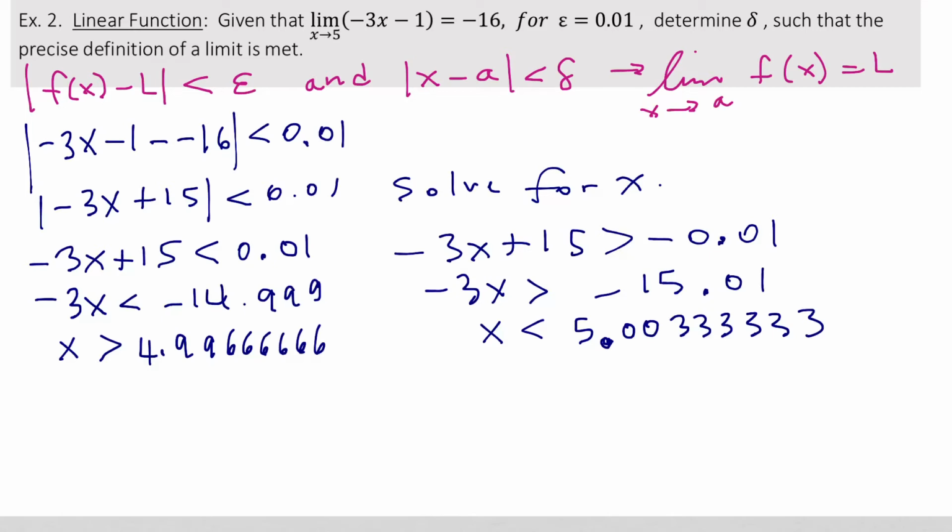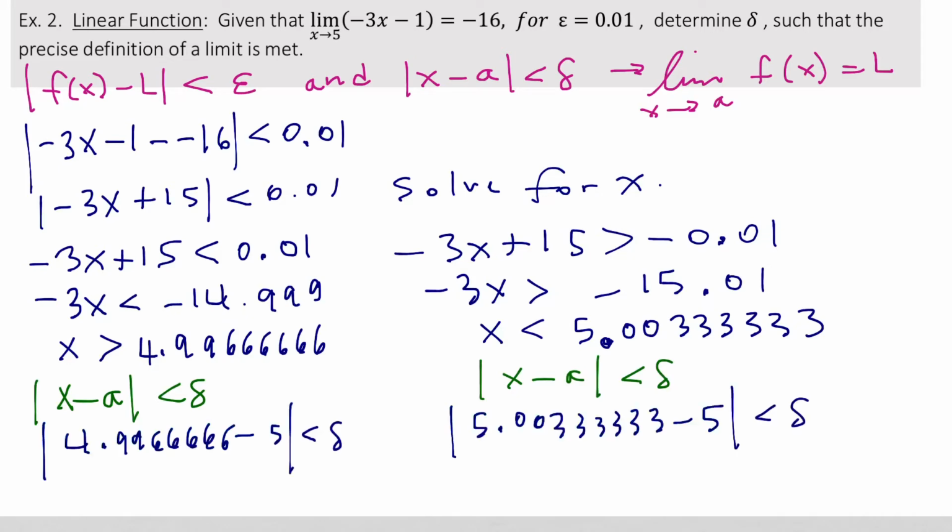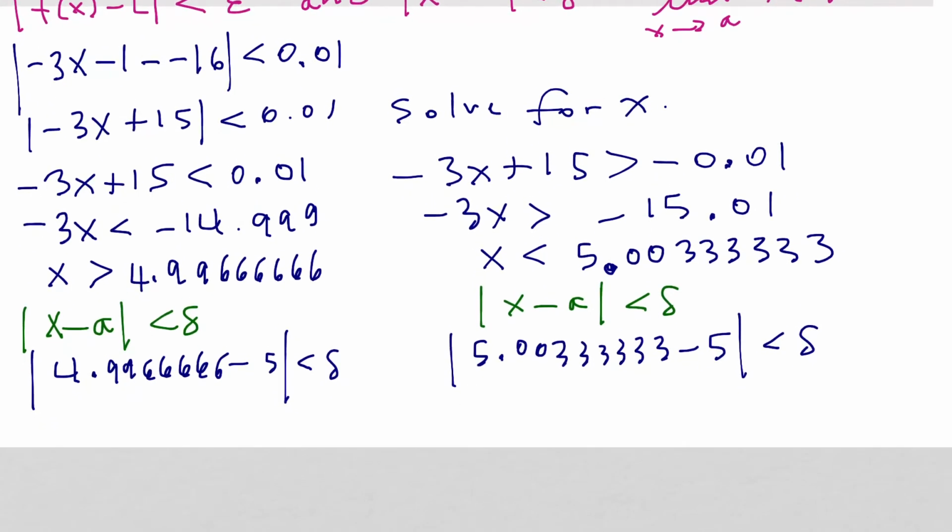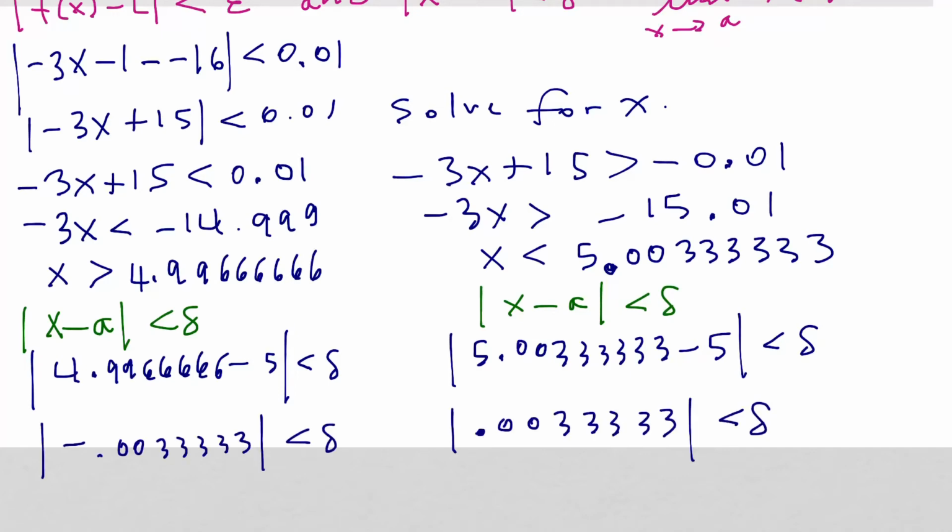All right, so now I'm going to pull in the other side of the inequalities of the definition, the one with the A. I'll just write it here. Let's write it here as well. All right, so I know X and I know A. So let me go ahead and substitute those in. All right, so I wrote all that down. Substituted X and A in there. All right, so if I carry out this subtraction right here, I get this.